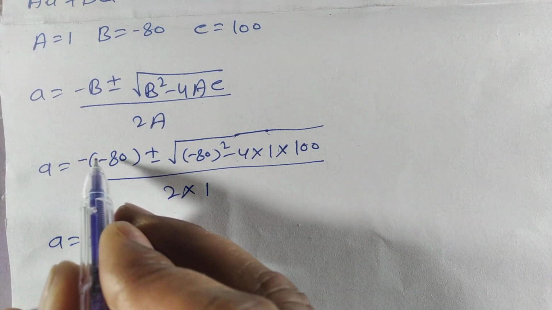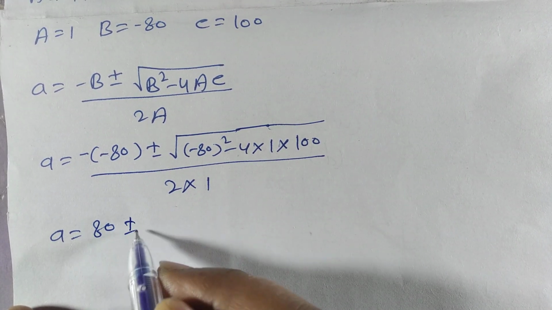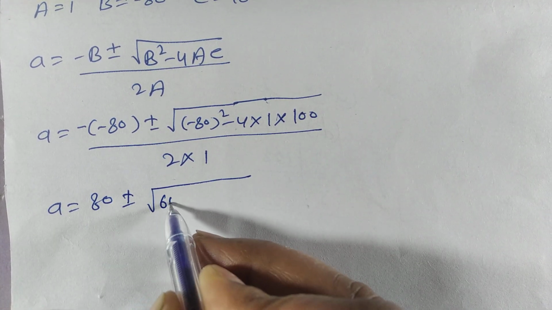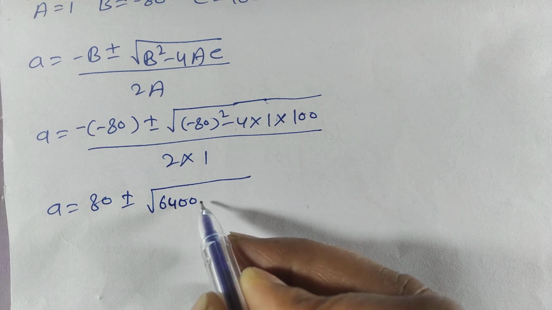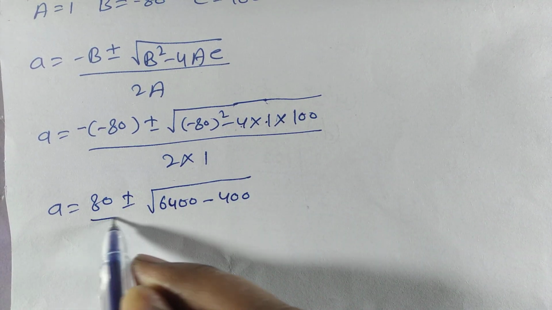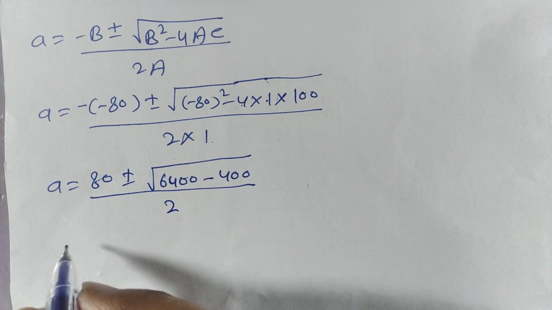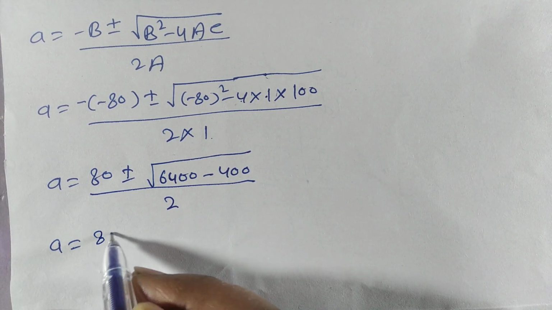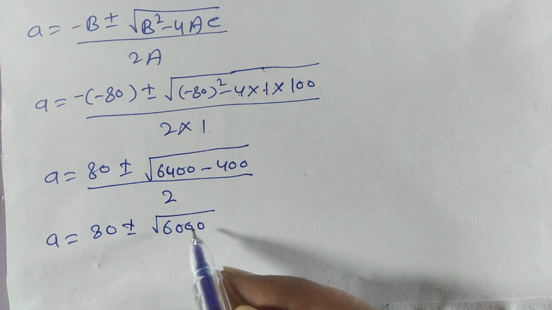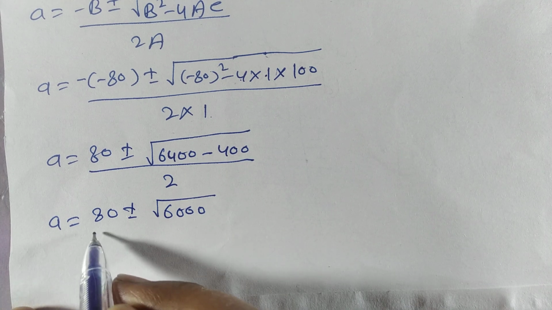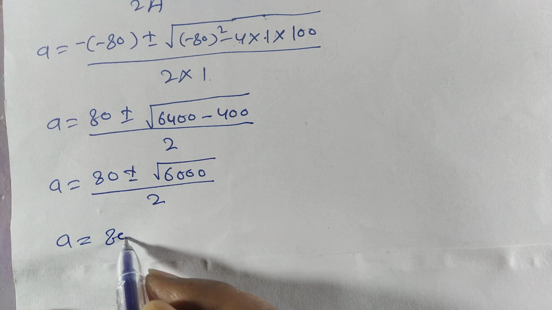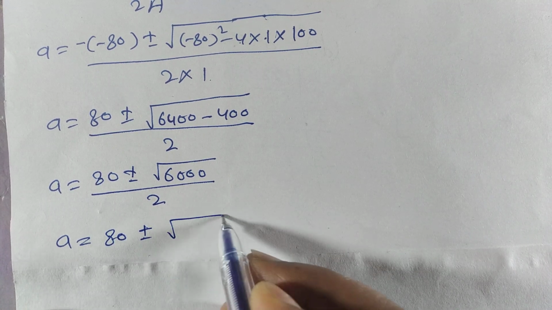A is equal to plus 80 plus or minus square root of 80 square is 6400 minus 4 times 100 is 400, over 2. A is equal to 80 plus or minus square root of subtracting 6000, over 2.